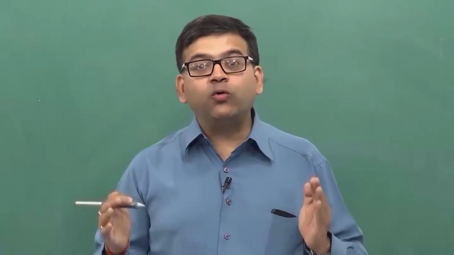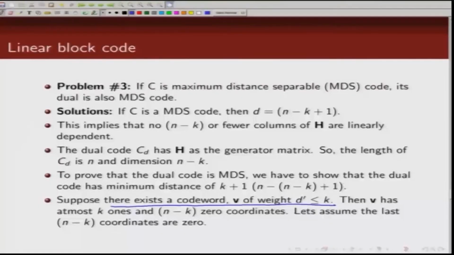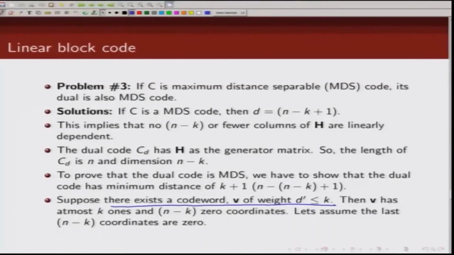That the code word v will have at most k ones. Our code word v is an n bit code word, so out of this at most k bits are 1, and the remaining n minus k or more bits are 0.